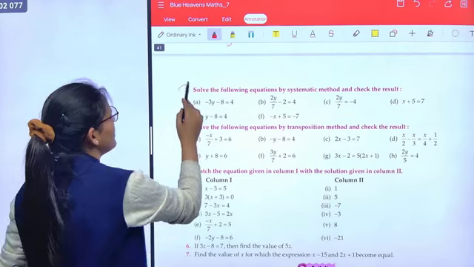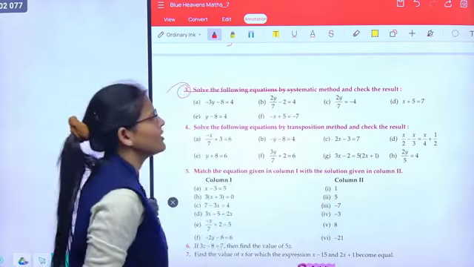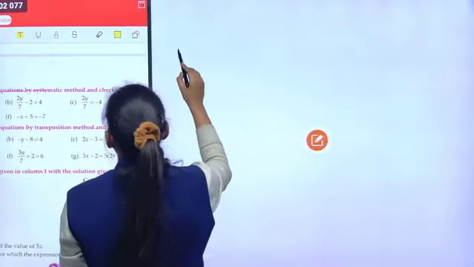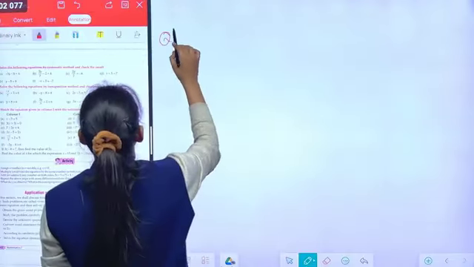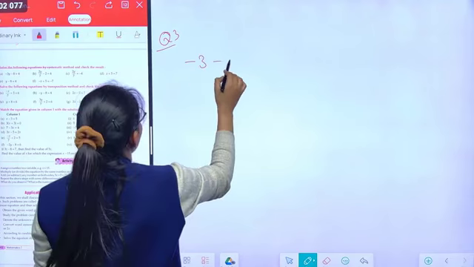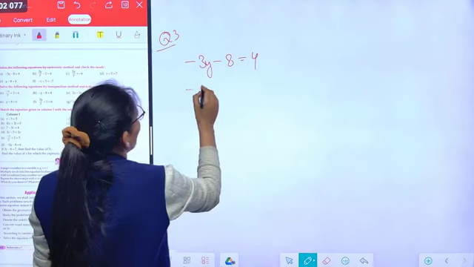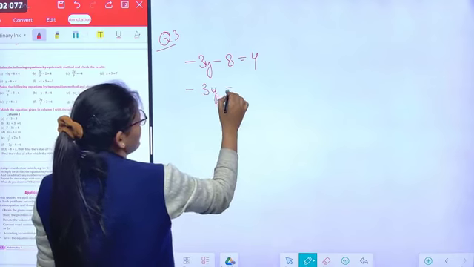Come on, question number 3. Solve the following equation by the systematic method and check the result. Now class, question number 3: minus 3 minus 3y minus 8 is equal to 4. Now minus 3y is equal to 4.